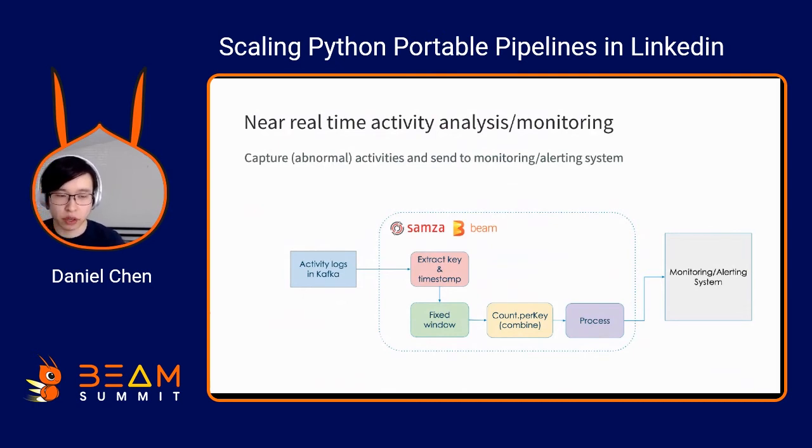Very similar, a relatively simple, nice use case that is now done in the Java portable pipeline. It could be done in a Java pipeline, but some of the Python users at LinkedIn would prefer this method, and I'm glad we're offering a platform for them to do that.